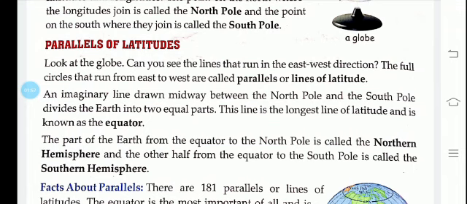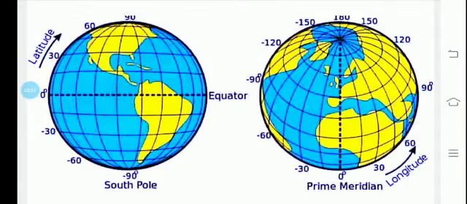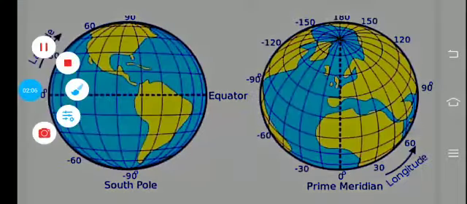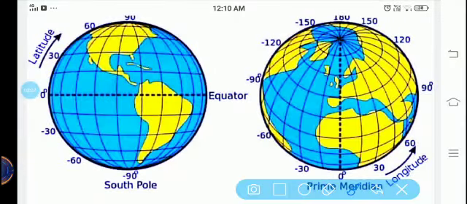This again we can see with the help of a picture. As you can see here, this is the line midway. This is called the equator. This is the longest line of latitude.